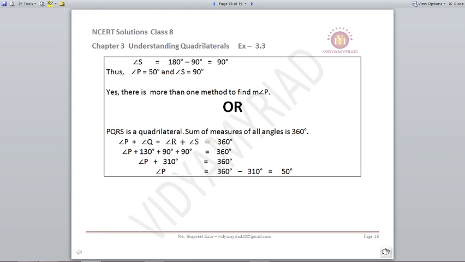Yes, we can find angle P by using the angle sum property, because this is a quadrilateral PQRS and the sum of the measurements of the quadrilateral is 360 degrees. We have three angles with us, Q, R and S. We can easily find out P by subtracting from 360 degrees, and your answer comes out to be 50 degrees. So which means there is more than one way of finding angle P.